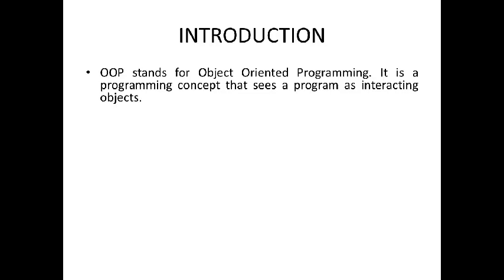In real life, every system is a combination of components that interact to meet a goal. So object-oriented programming sees software development from the perspective that objects interact. It is the interaction of these objects that produces the result that that particular system gives.